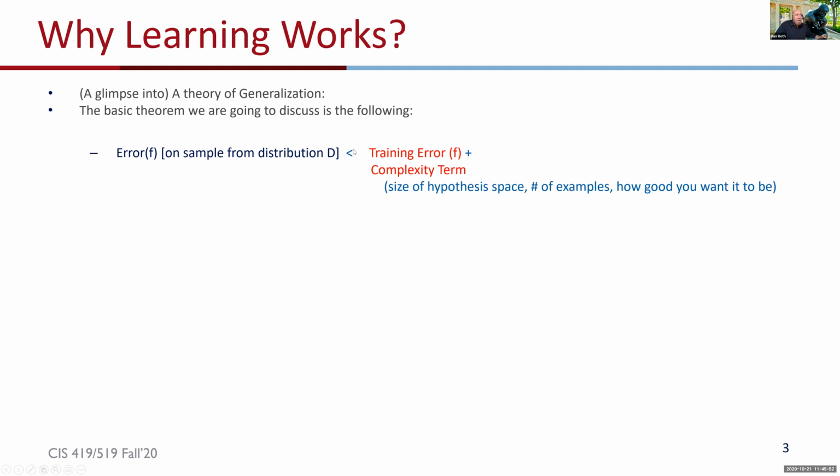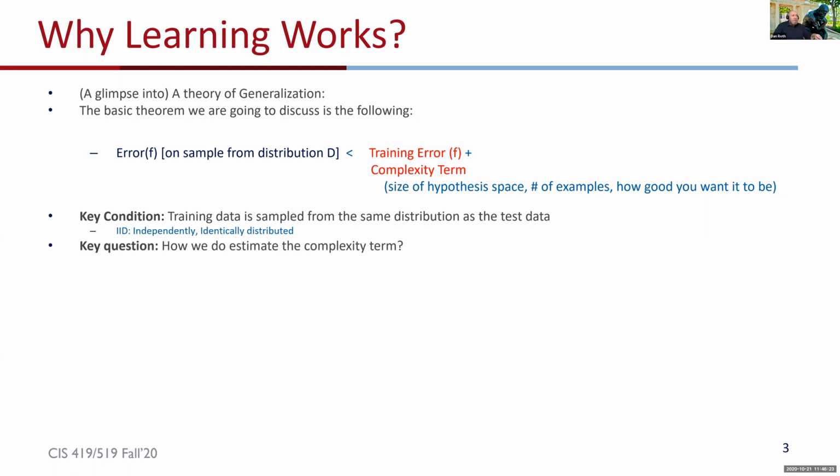How far is the error that we're going to see in the real world from what we see on the training? What we're going to show is that this complexity term is a well-defined function of the size of the hypothesis space, the number of examples that we see, and how good we want to be. That is, some complexity parameters.